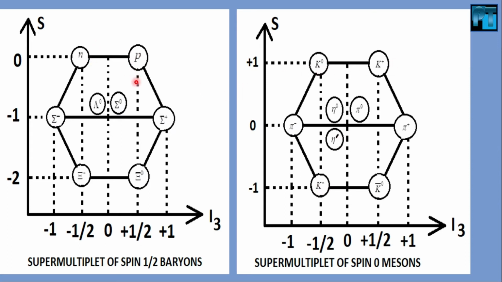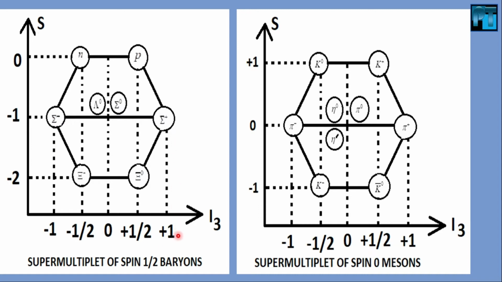Now from this baryon supermultiplet it is very clear that only these hyperons are strange particles. They have strangeness -1: the sigma family and lambda naught, and the Xi family have strangeness quantum number -2. From the x-axis, the third component of the isospin can be measured very easily. See, these two particles have -1/2, these two particles have +1/2, these two particles have 0, and the rest have -1 and +1.